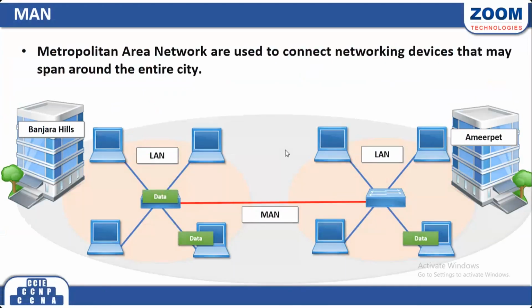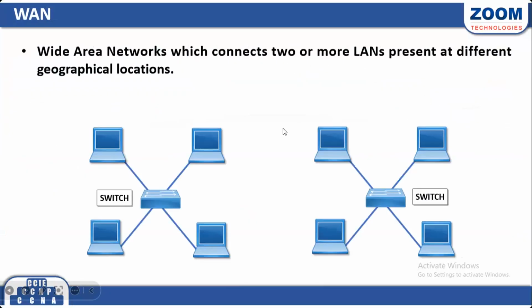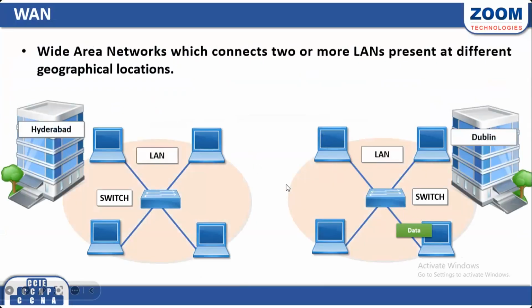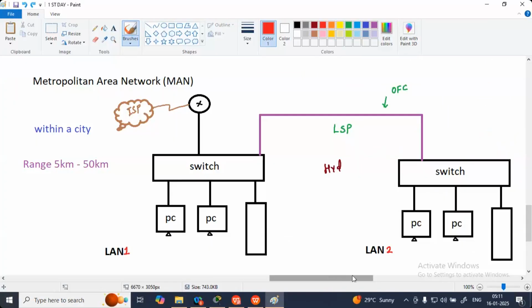So we have the third type of network, which is the wide area network. A wide area network connects two or more LANs present at different geographical locations, and it can be any geographical location. That's why it is called wide area.